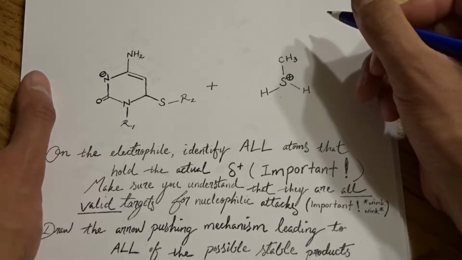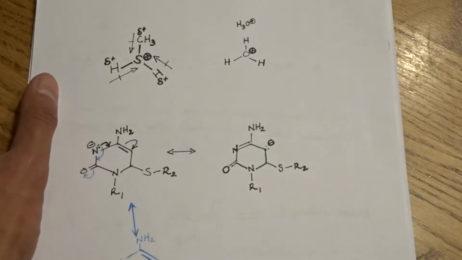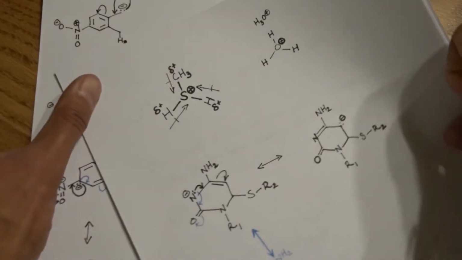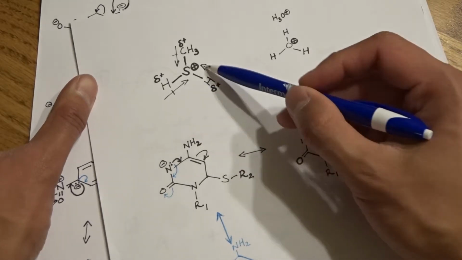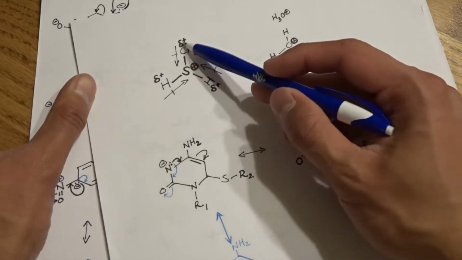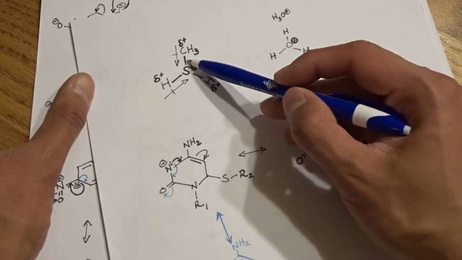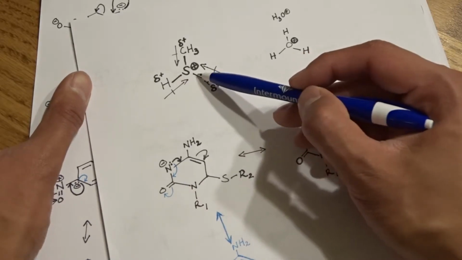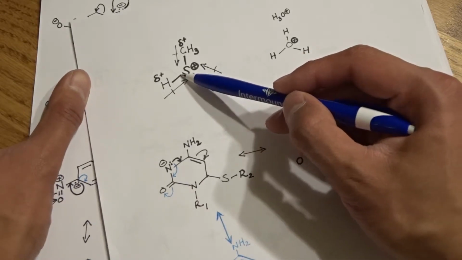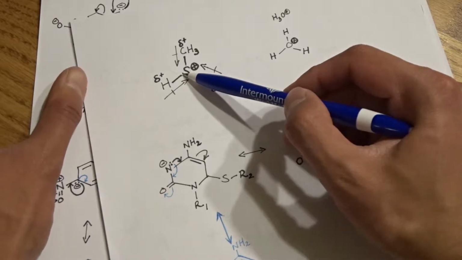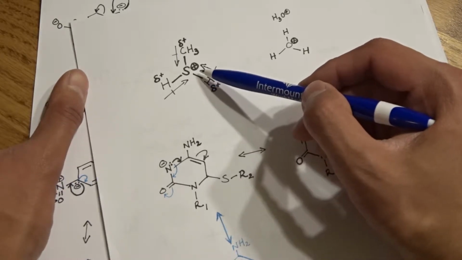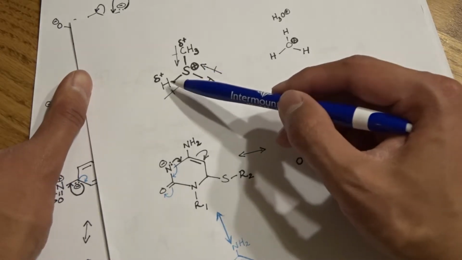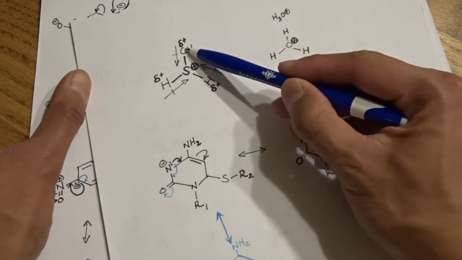I have like the polarity diagram drawn here. So all of the polarity points to sulfur, meaning the electrons living in these bonds are being hogged very close to sulfur. And so the atoms that hold the partial positive are the hydrogens and this carbon.